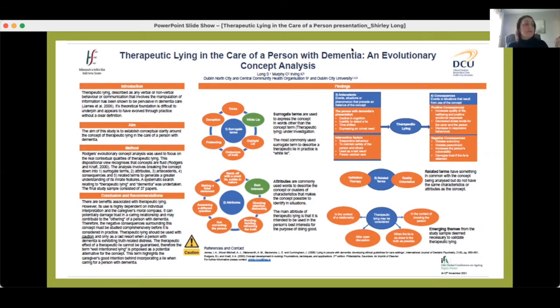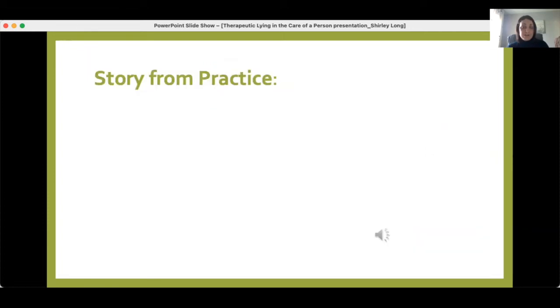The next step is to identify antecedents and consequences. Antecedents are events, situations, or phenomena that precede the instance of the concept. It was clear from the literature that these were broken down into 2 separate areas. Firstly, they related to the person with dementia's presentation, and the next was intervention factors. The person with dementia would present with a decline in cognition.